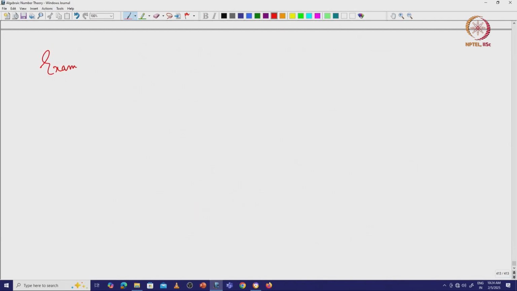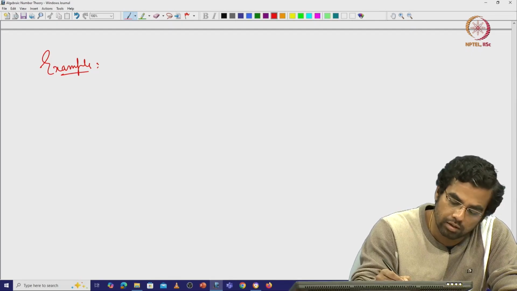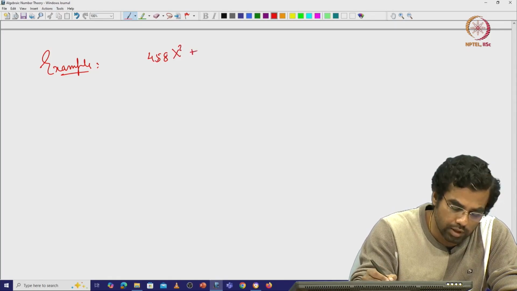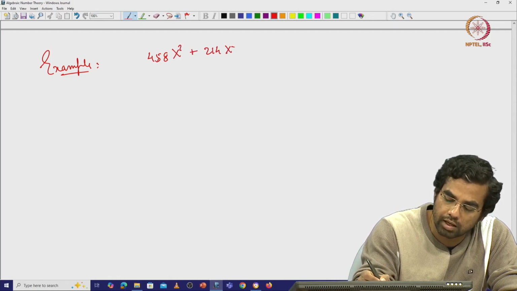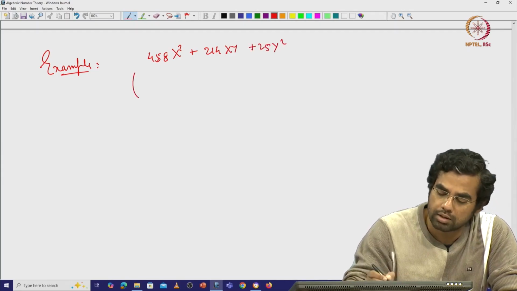So, let us look at an example. The example that I have is 458x² + 214xy + 25y².